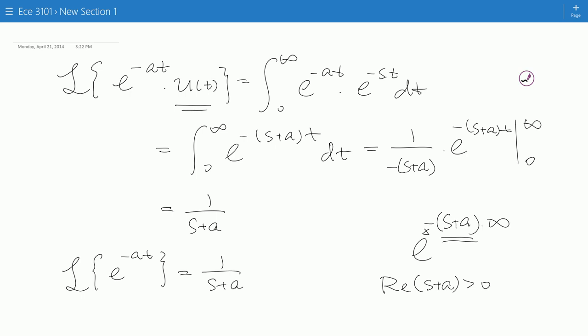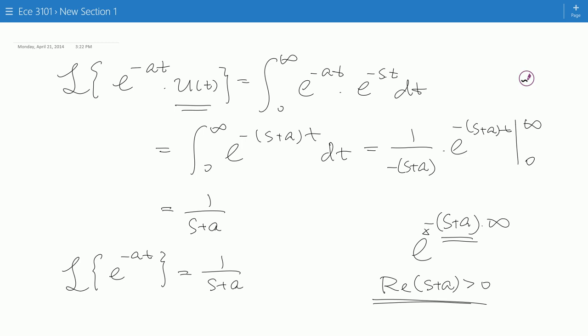Now again, to be rigorous, we want to imply the region of convergence, but in applications we usually omit this directly, which is not essential.